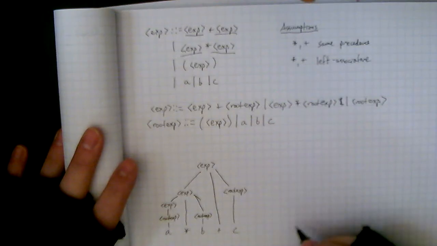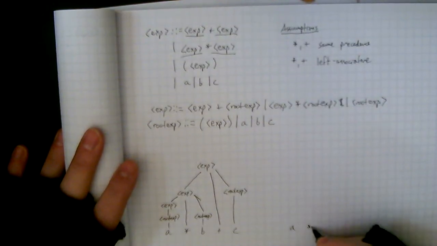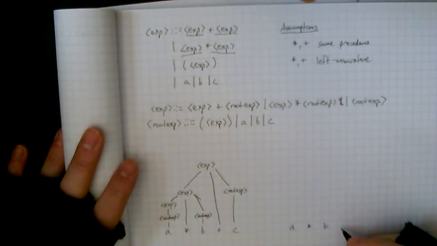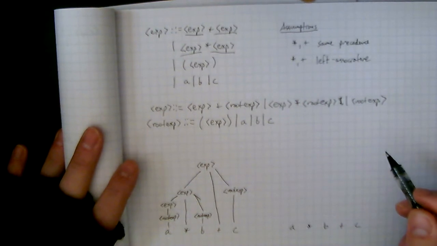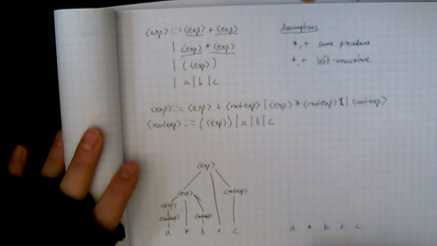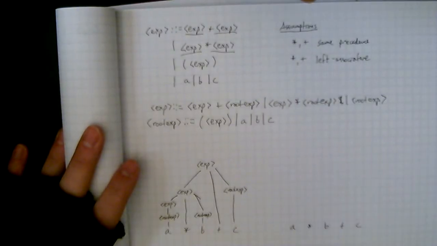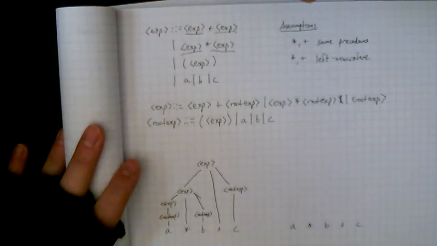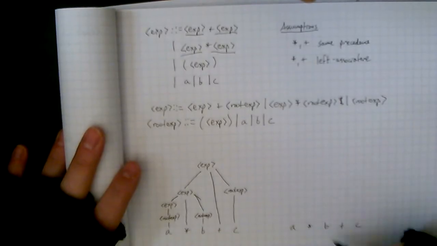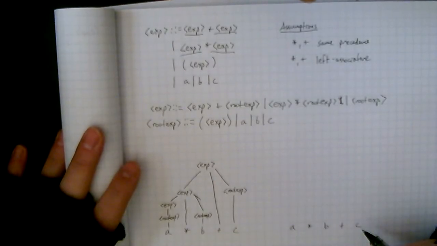Well, let's try to see if we can generate a second possible tree. So we have a times b plus c. The thought would be, well, we could generate a parse tree such that b plus c would be part of the same group.